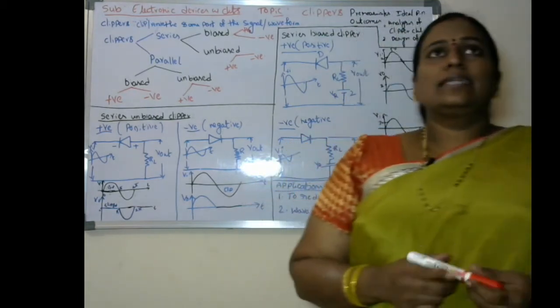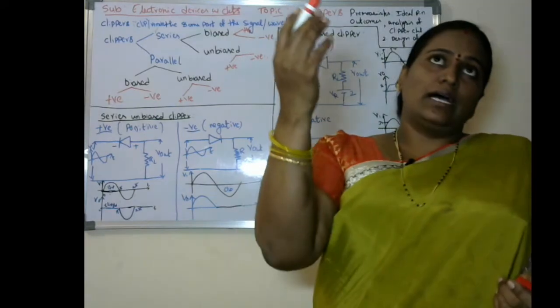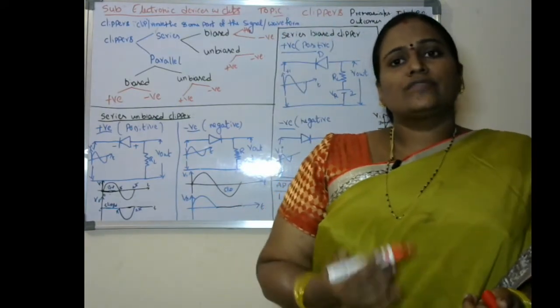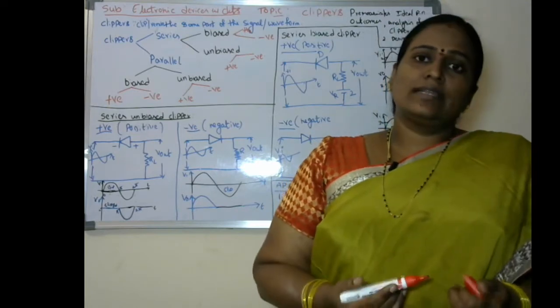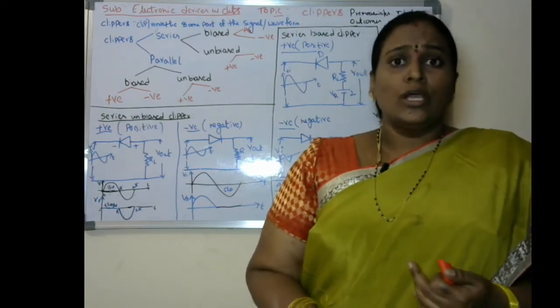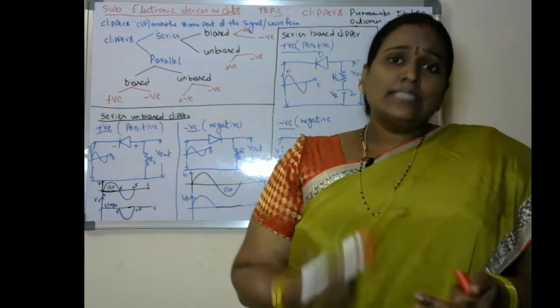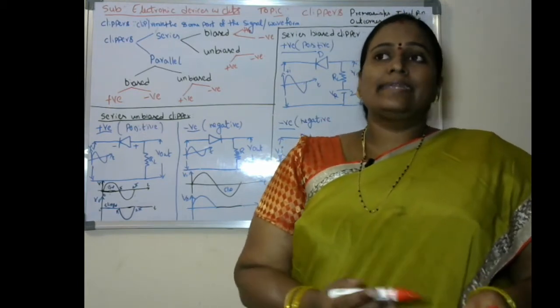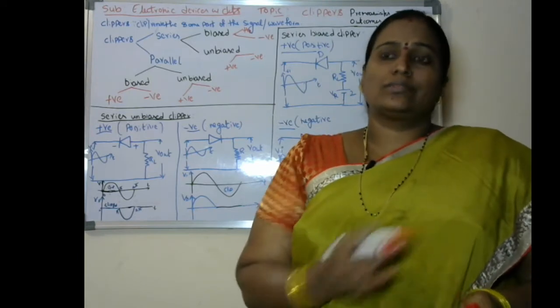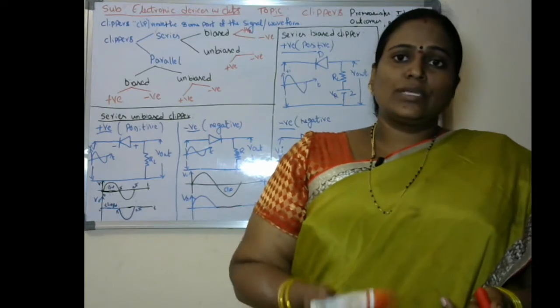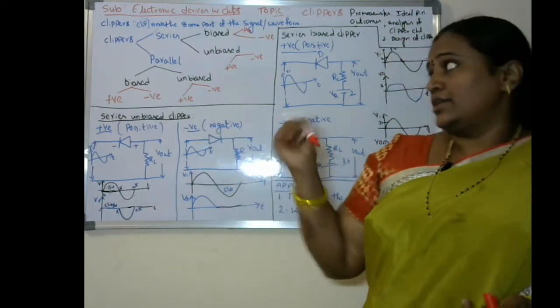Suppose the signal has a voltage of 5 volts at 10 seconds, but at that position I require only 3 volts from the alternating input signal. By using that input signal, how can we get 3 volts by removing some part of it? That scenario goes to clipping circuits.